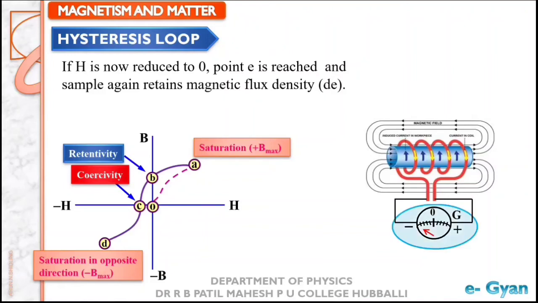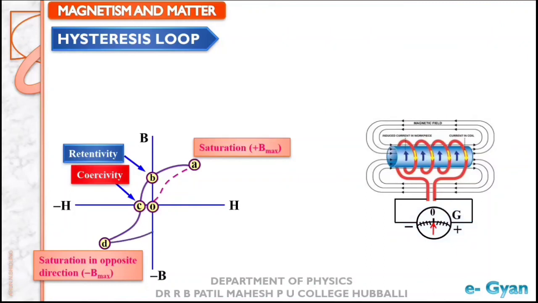That means if we make the magnetic field due to the solenoid 0, we still see that the iron core which we have kept inside the solenoid will have magnetic flux density in it. Because of that flux density, the value OE will be the value of flux density, even if H is equal to 0.